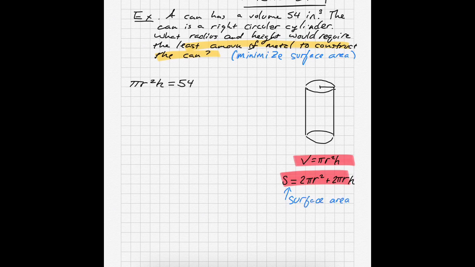So down here, I have the formula given for the surface area. That's just 2 pi r squared plus 2 pi r h. This formula kind of makes sense because pi r squared is the area of a circle, right? So there are two of those.